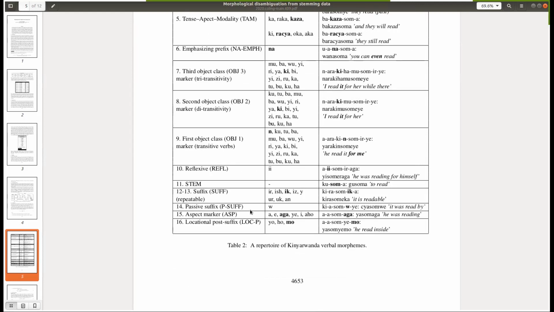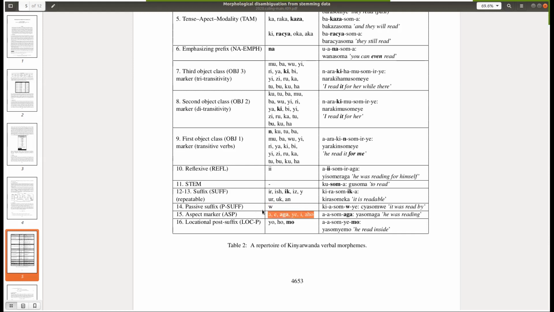So then at the end, we have other morphemes. I was going through the slots. So you have a passive suffix, which expresses passivity. And then we have what are called aspect markers.